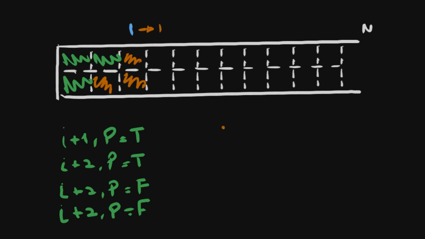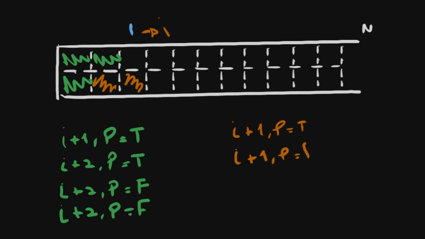So I plus 1 and previous equals true. Or we could use a domino here, update I 1 step, and by doing this we'll have a gap here. So this would be I plus 1 and previous equals false.